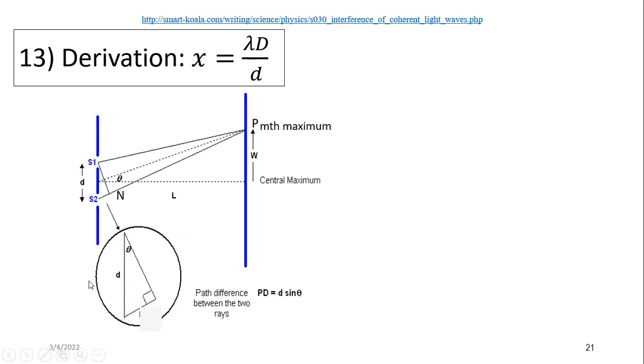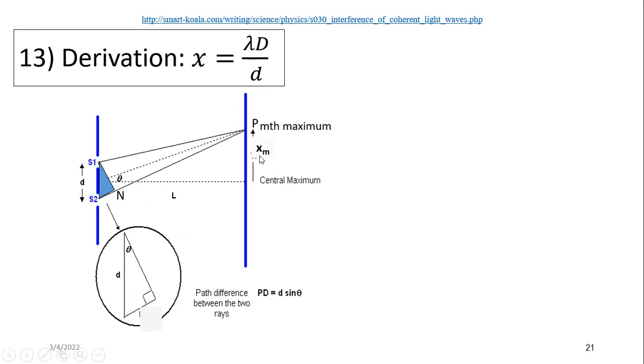Okay, let's derive this equation. Let's focus on this triangle. Call the angle in that triangle 90 degrees. There's your XM.